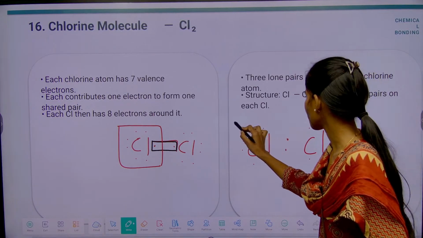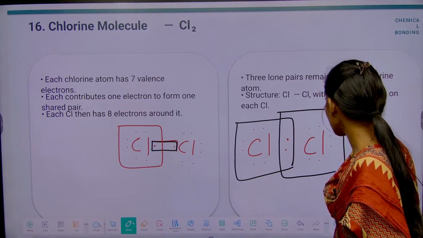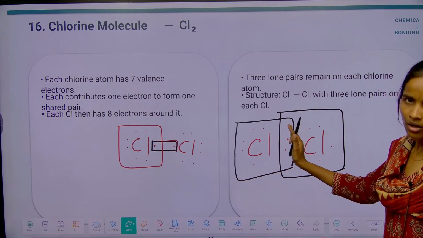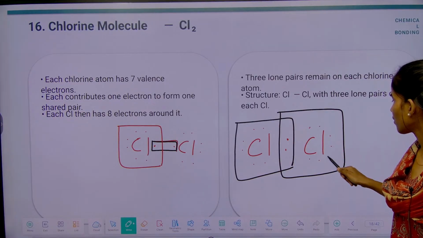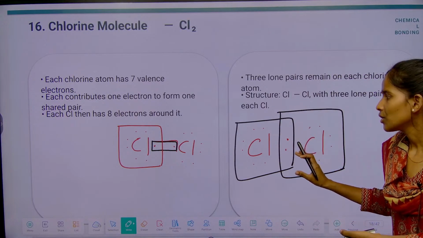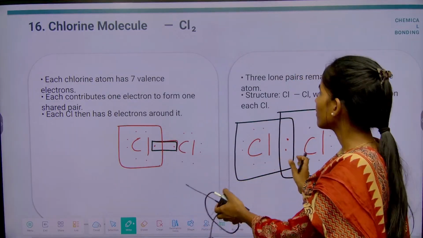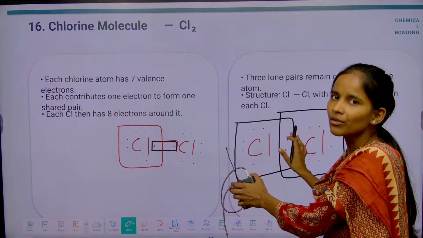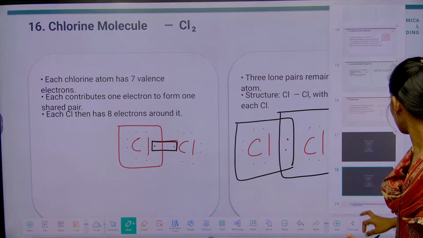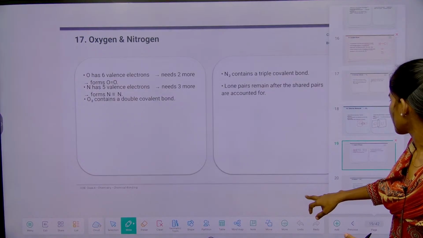If you observe, each chlorine has 8 electrons in its valence shell: 1, 2, 3, 4, 5, 6, 7, 8, and for this chlorine also 1, 2, 3, 4, 5, 6, 7, 8. So whatever electrons are shared, those shared pairs we have to count for each atom involved in the covalent bond. Now we will see one more example: oxygen and nitrogen.